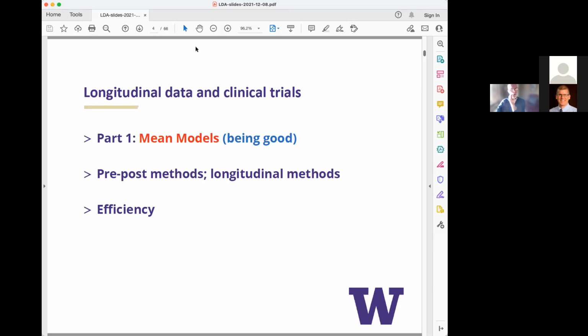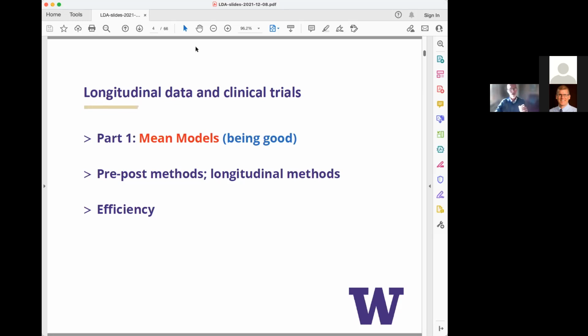So I want to do part one, which was really my attempt to be good by pre-specifying the data analysis strategy for a clinical trial. I want to link that to really fundamental, simple pre-post methods. We can anchor everything really in 2 time points, and then we'll take it up a notch and talk about multiple time points.